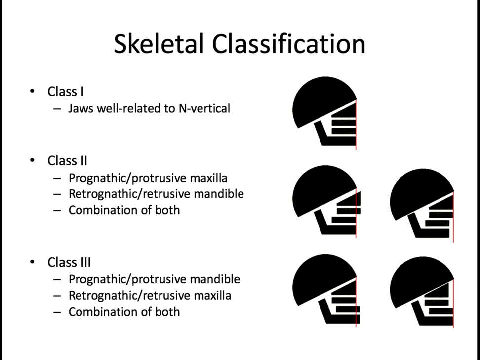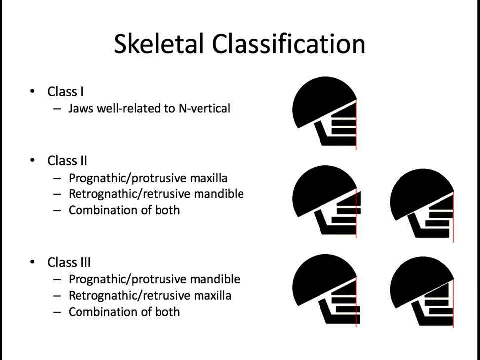So in class 1 skeletal occlusion, we're talking about the jaws being well related to N vertical. This is a vertical line dropped down from nasion, which we'll talk about later in the video when we get to cephalometrics. For now, this N vertical line is shown by this vertical red line out in front.